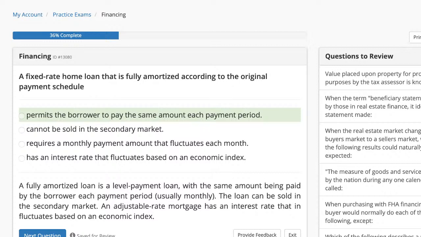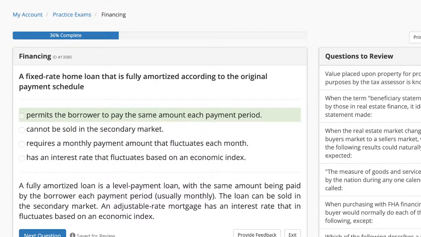A fully amortized loan is one that is fully paid off. Okay, so that's a fully amortized loan.